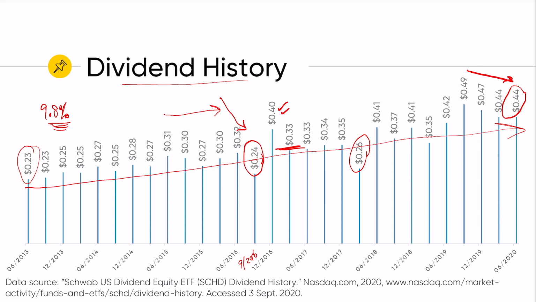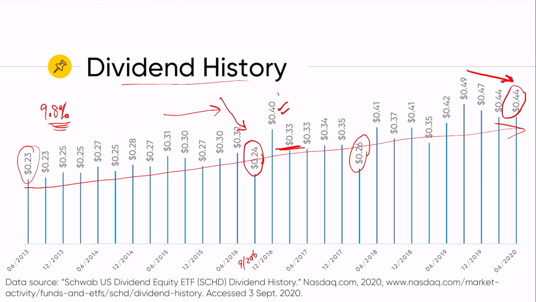As for the last couple of years, the dividend distribution has declined a bit. That could happen for a couple of reasons. One, a lot of the higher yielding names in this index may no longer meet the profitability criteria that the fund requires. Those could be kicked out and replaced with lower yielding names. You could also have dividend cuts from some of the names that were in here.